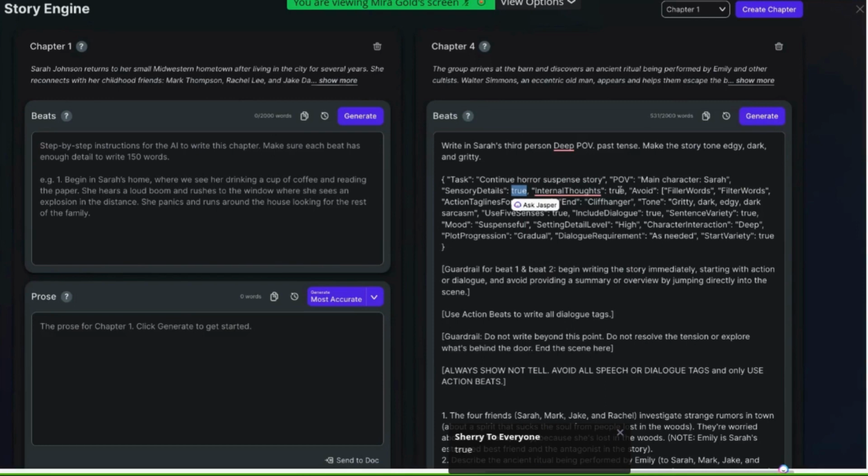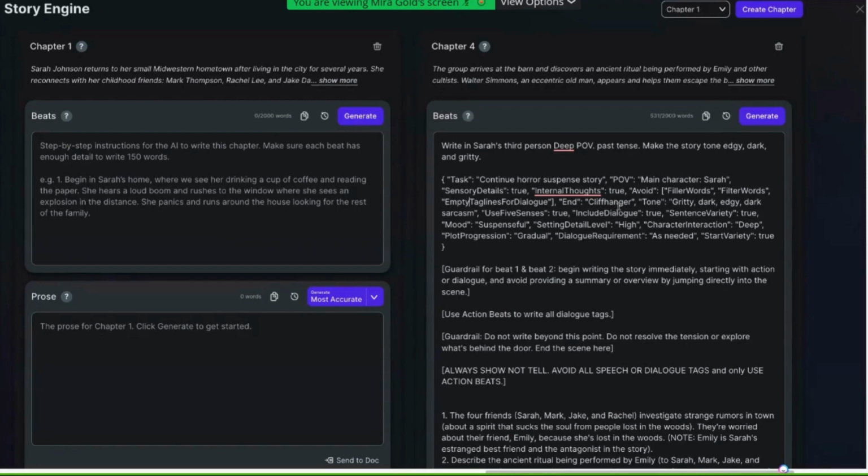Yes. Okay. Avoid filter words, filler words. So do we want to avoid action taglines for the dialogue? No, we want to have action taglines. So we would not want to put this here. What we would say is we're avoiding filters, fillers, and we're going to get rid of empty taglines for dialogue.